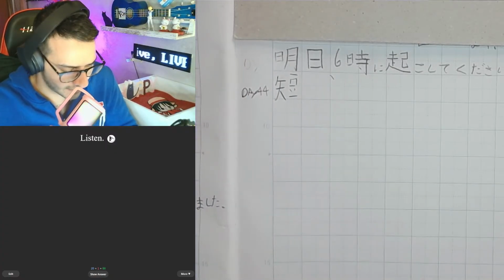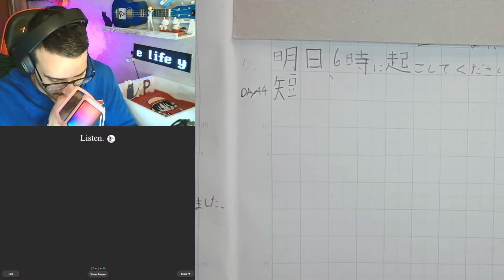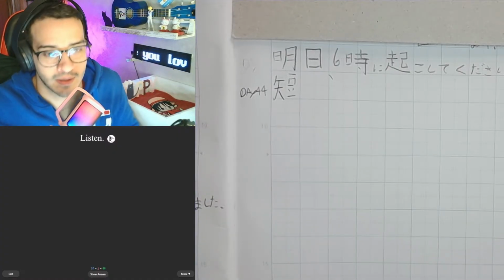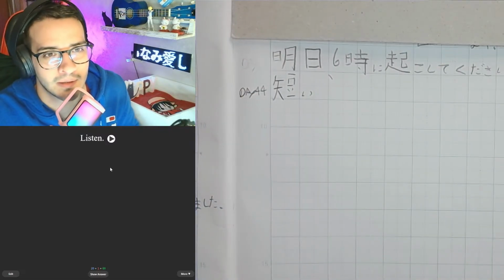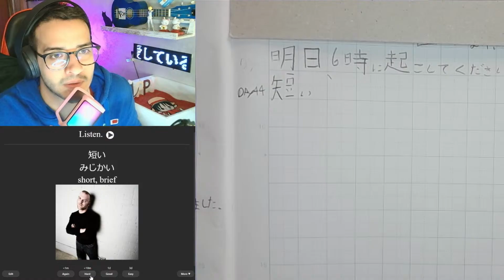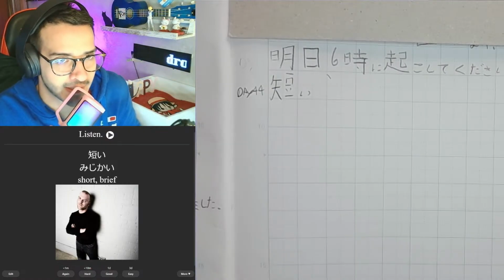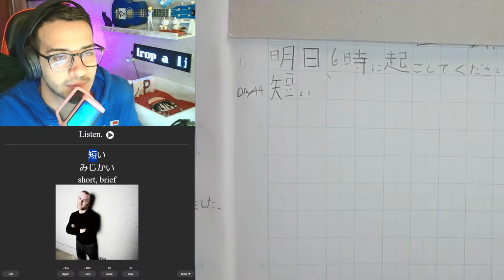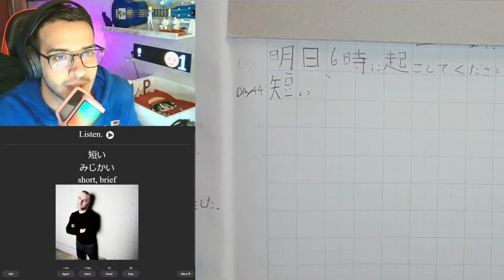Like this. Mijikai. Let's see. So meaning short, brief. So the arrow radical and the bean radical.